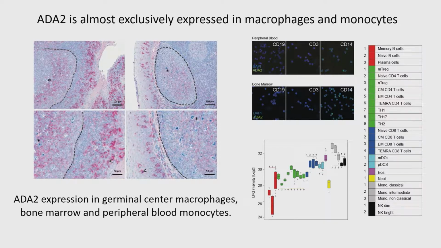And this is an analysis of proteomic datasets in different immune cell subtypes, showing that monocytes, in particular across different monocyte differentiation states, are the cells that express the highest level of ADA2.